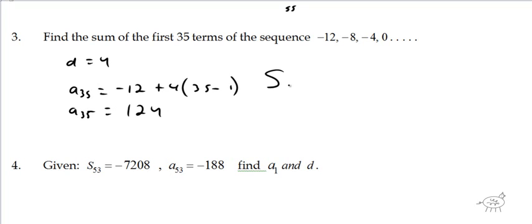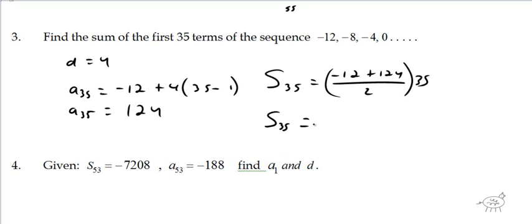Then I can use my sum formula. S sub 35 is the average of the extremes, negative 12 plus 124 over 2, times n, the number of terms, which is 35, so S sub 35 is equal to 1960.